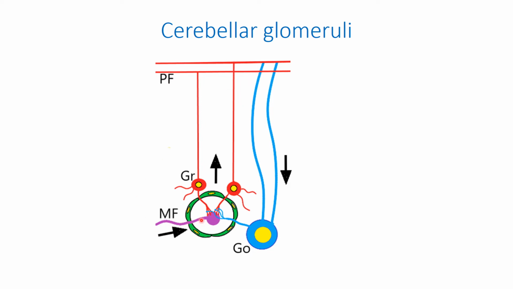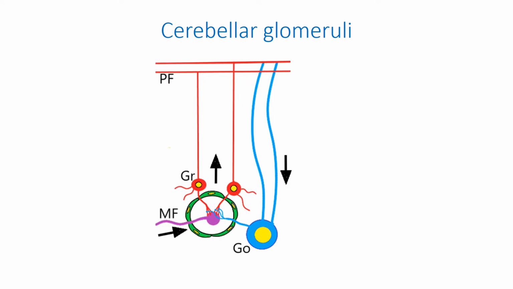Mossy fibers are the second input to the cerebellum. They come from many sources, such as the cerebral cortex via pontine nuclei and pontocerebellar tract, the vestibular nerve and nuclei via vestibulocerebellar tracts, the spinal cord via spinocerebellar tract, and the reticular formation.